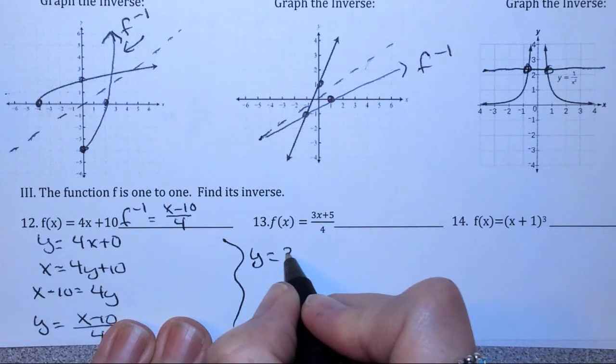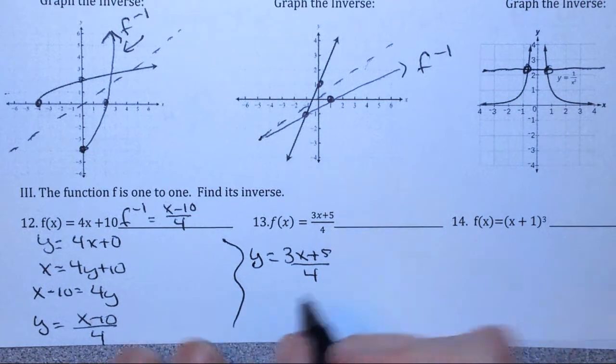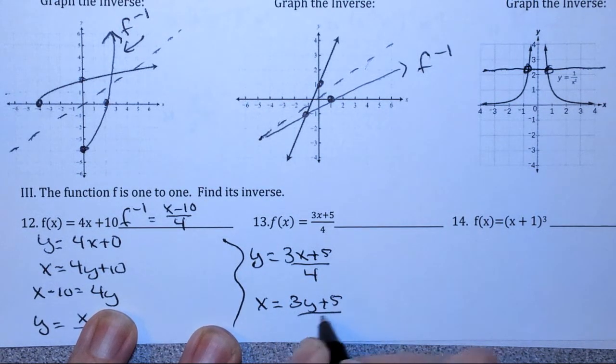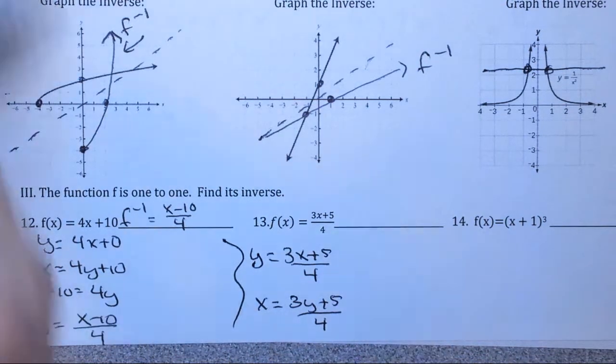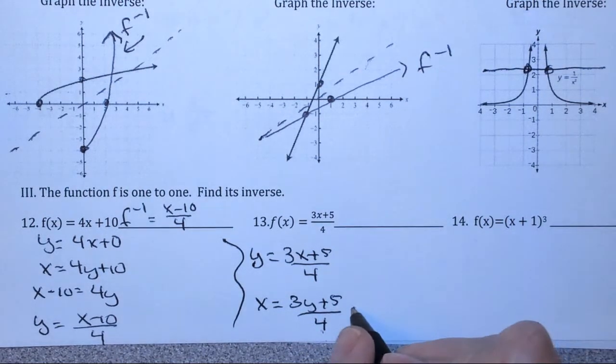So y equals 3x plus 5 over 4. So x equals 3y plus 5 over 4. And you remember when we had those quizzes, we had one like this, and if you raised your hand and asked me about it, I said, okay, so in order to solve for y, the first thing I have to do is get rid of this 4. So you have to multiply both sides by 4.